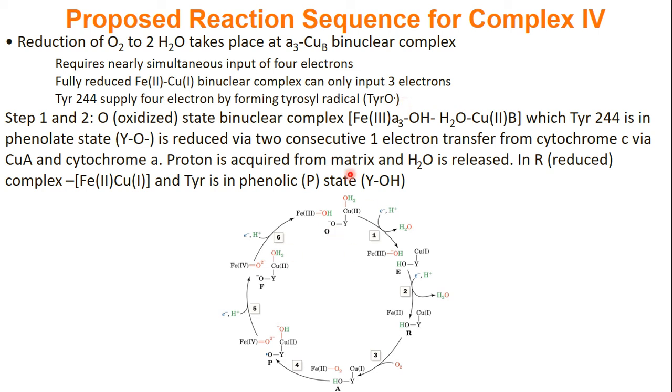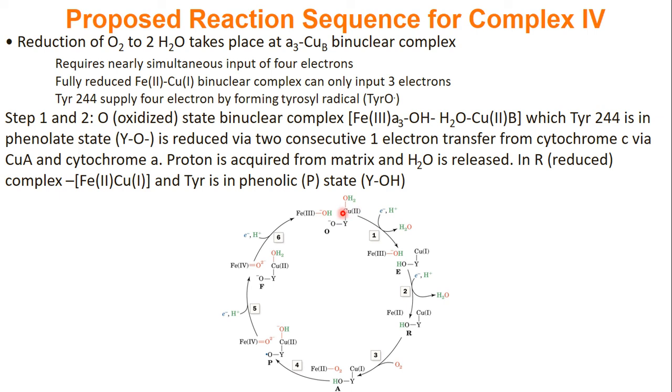So we start here on the image, and we're going to talk about step 1 and step 2. We begin in our already oxidized state where our iron-copper complex has an OH minus attached to it. We have our tyrosine in the phenolate state, where we have our O negative, so there's no hydrogen on tyrosine.